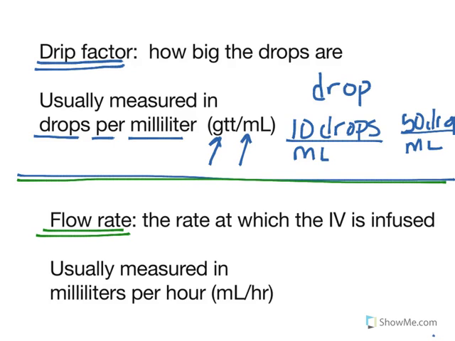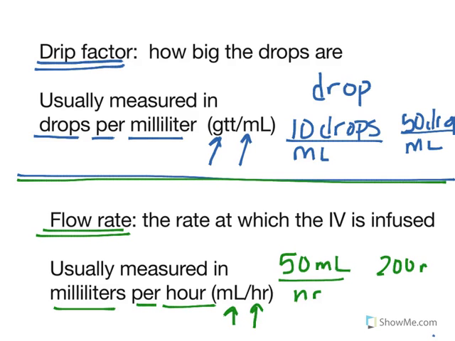This is measured in milliliters per hour, and our abbreviation is ml per HR, milliliters per hour. So you may give the patient 50 milliliters per hour. You may give the patient 200 milliliters per hour.